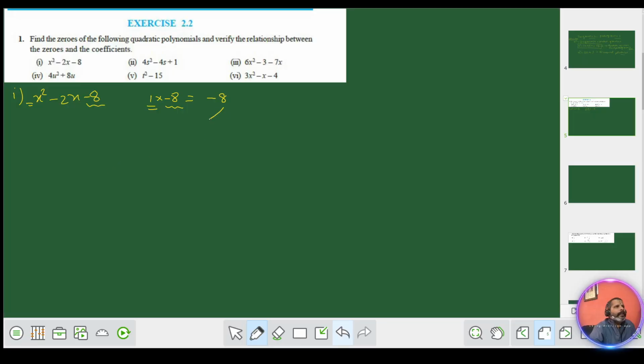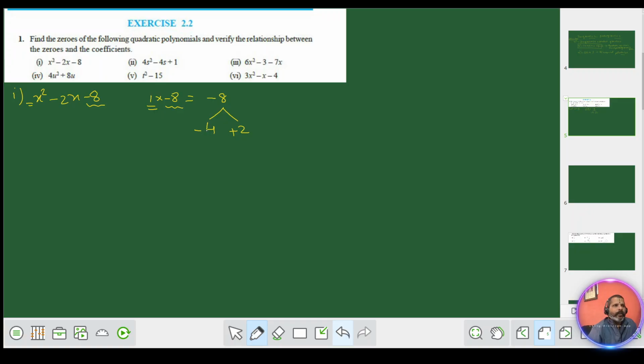Find the factors for minus 8 such that minus 2 is the value after addition or subtraction and the product should give minus 8. So 4 2s are 8 is the factor. Minus 4 plus 2. You should have a good knowledge of integers for placing the signs here. Otherwise, it will be very difficult.